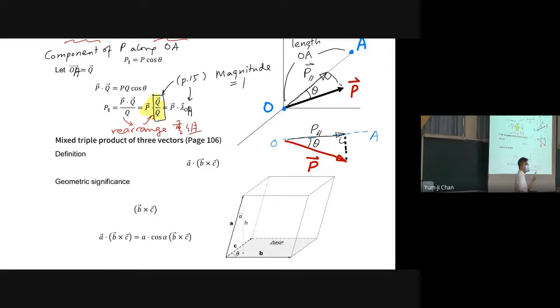Because the numerator has the magnitude of Q, and the denominator, the one below, has the magnitude of Q as well. Therefore, the magnitude of this fraction is equal to 1. Therefore, this is a unit vector.